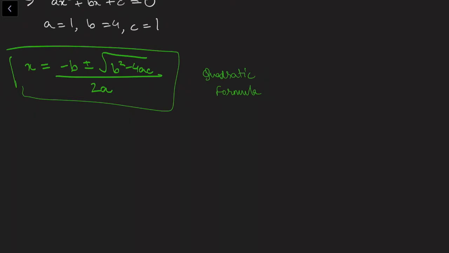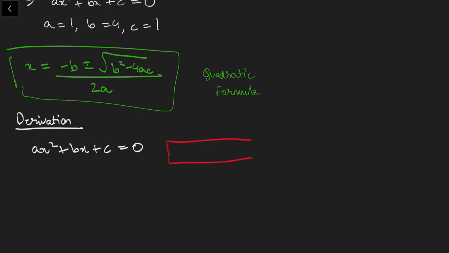Now let's get to the derivation part of the quadratic formula. So the derivation. Now we have ax squared plus bx plus c is equal to 0. Now the main thing that we're going to do is try to get this whole equation in a square root form. So that means we're going to want to have x squared on the left hand side so that we can get two solutions for x on the right hand side.